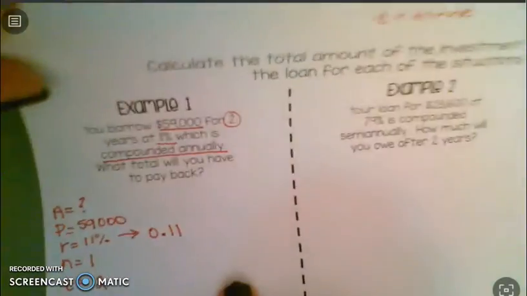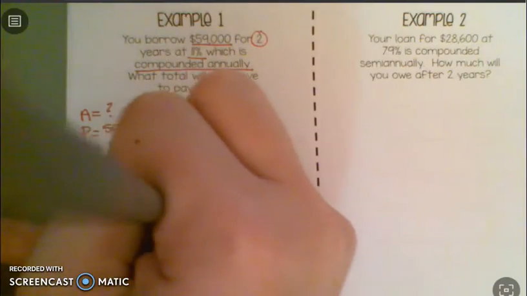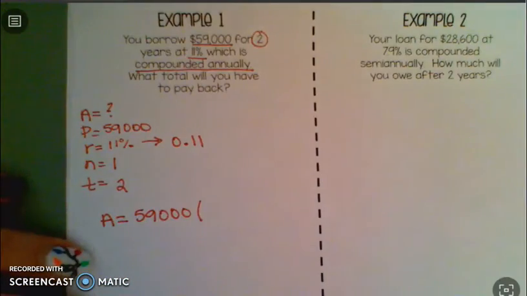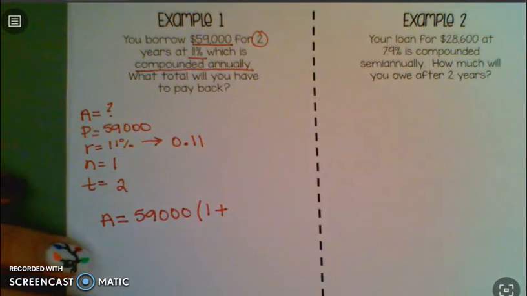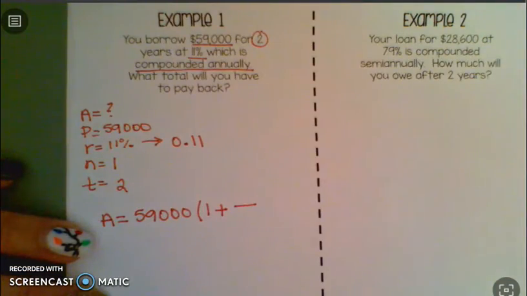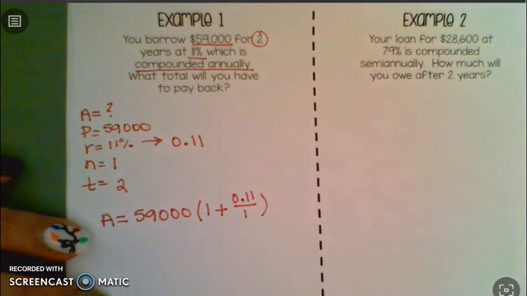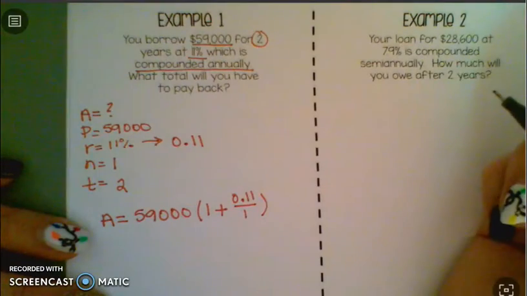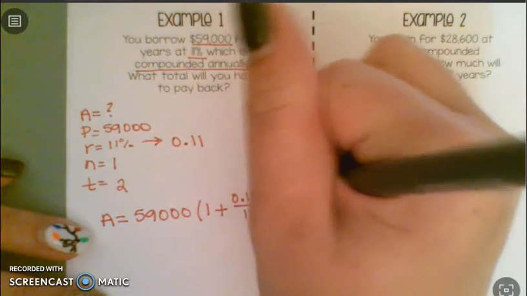So A is going to equal 59,000. It's always 1 plus. So previously you could have plus or minus, but with compounded annually, it's always going to be plus. Plus, then you have your fraction bar. Your rate goes on top, so 0.11, and your n goes on the bottom, which in this case was a 1. And now your exponent is an nt, which is going to be a 1 times 2.